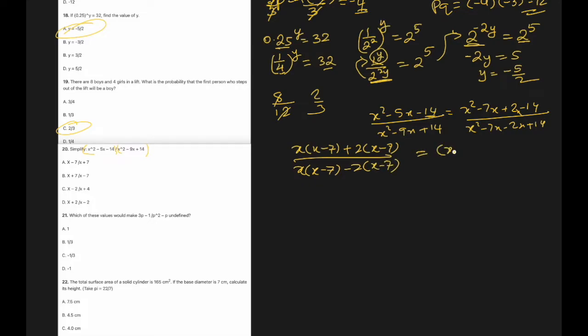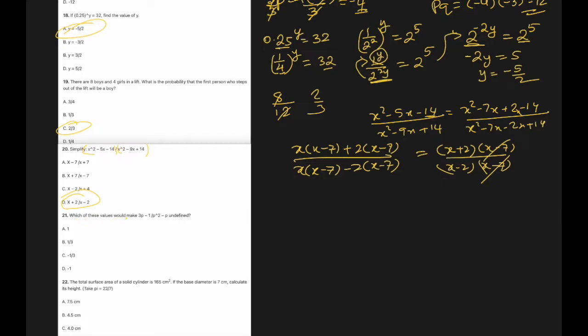So we get here (x plus 2)(x minus 7), and here (x minus 2)(x minus 7). x minus 7 and x minus 7 cancel. This is the answer, x plus 2 divided by x minus 2.